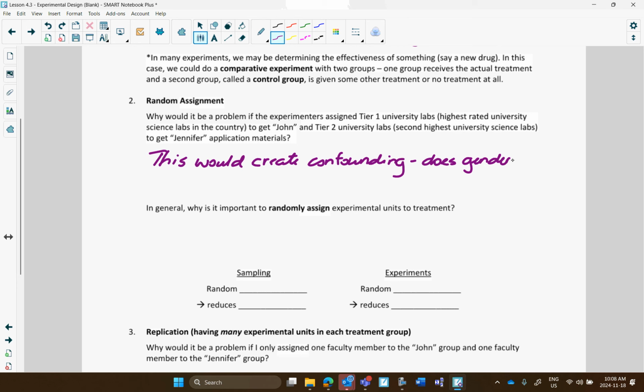Is it gender bias or hiring bias caused by the different names on the applications?